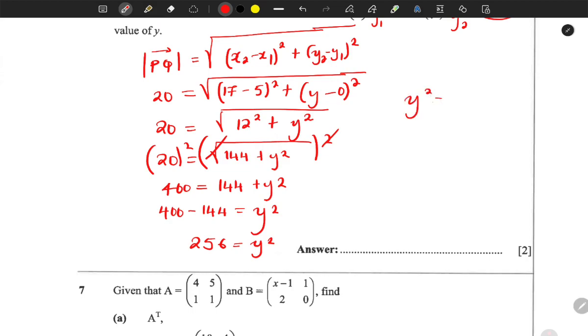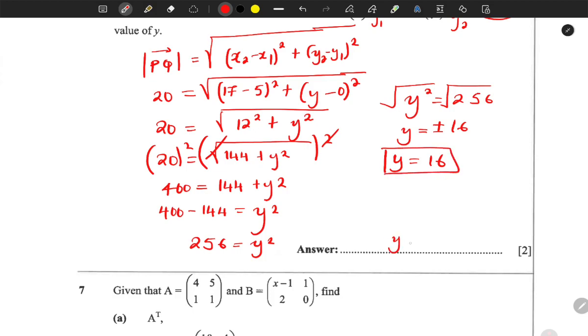So y squared is equal to 256. We find the square root, so y is equal to plus or minus 16. But the question is not asking us to find the negative, but instead the positive. So y is just equal to 16.